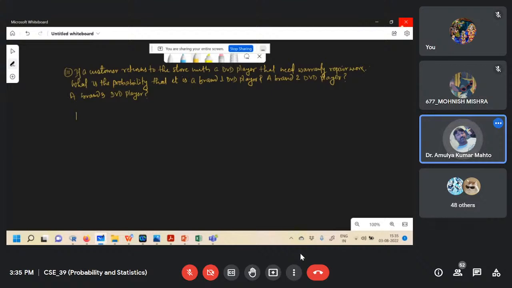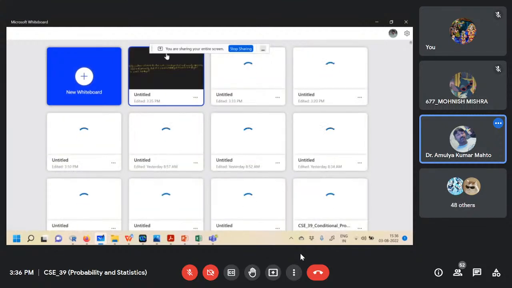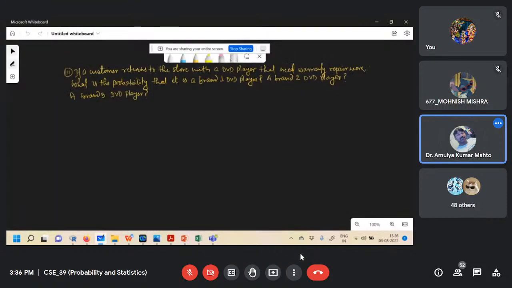So we are given probability. One minute. So for the first one that will be A. Probability that it is a brand one.